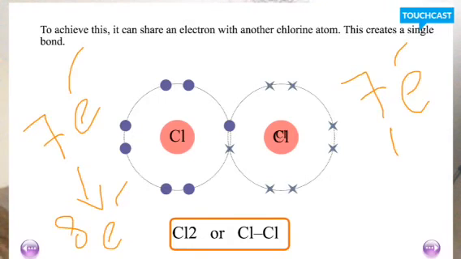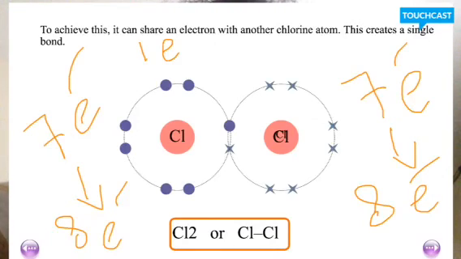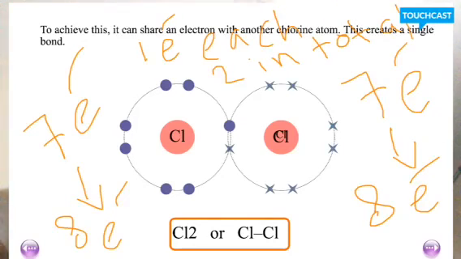So each chlorine will share 1 electron each, which makes it 2 in total. That means that chlorine has a single bond.